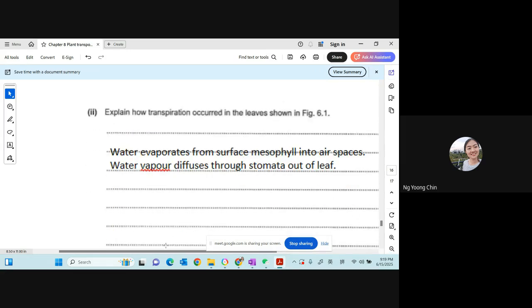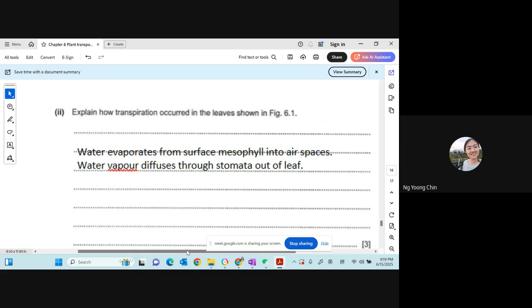So explain how transpiration occurs in the leaf shown: water evaporates from the dissolved cell walls and enters into the airspace. Then the water vapor diffuses through the stomata out of the leaf. You can also see how I write my answer. Initially it is water.